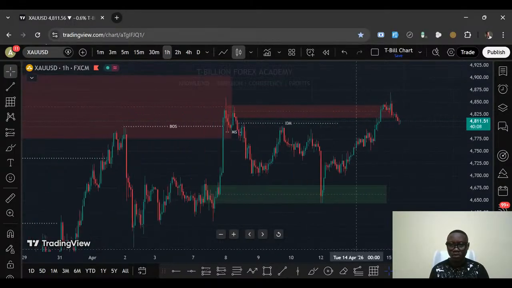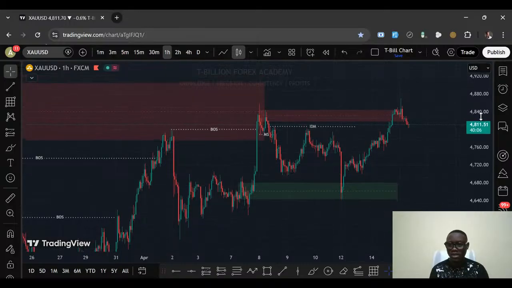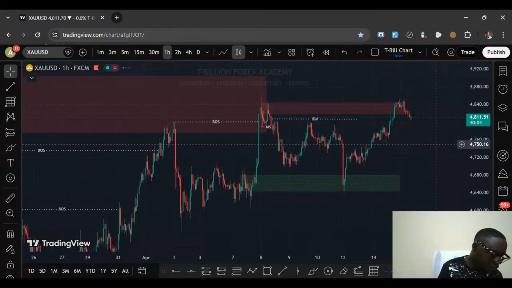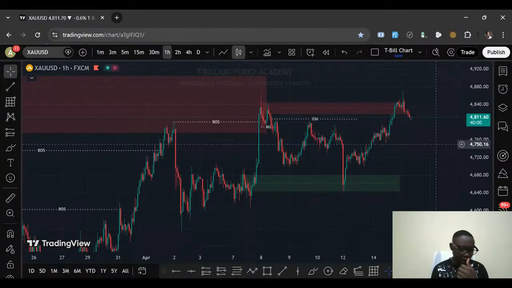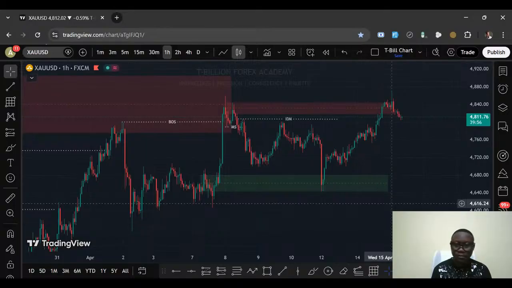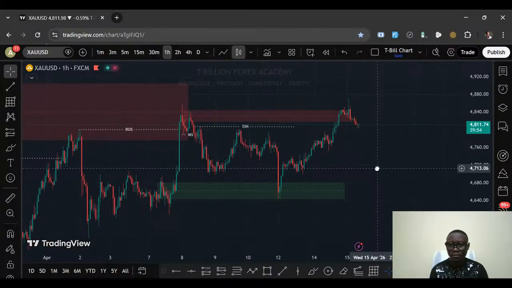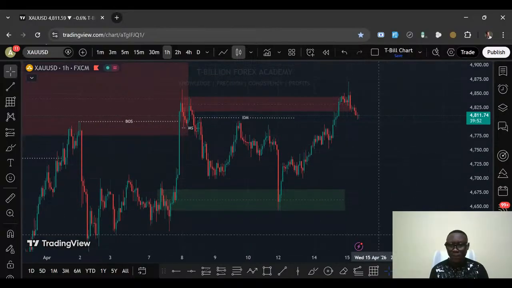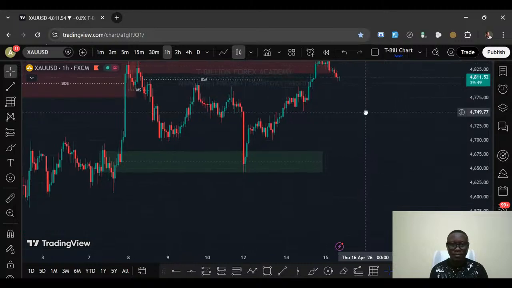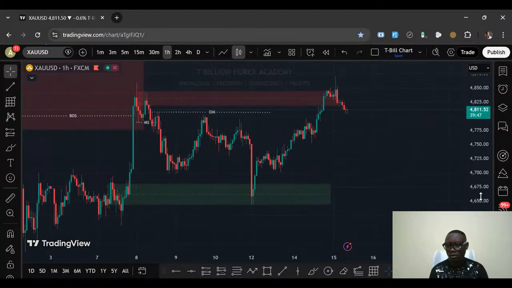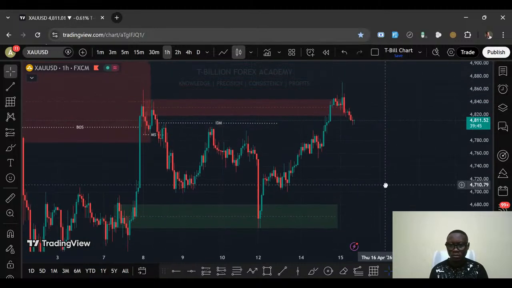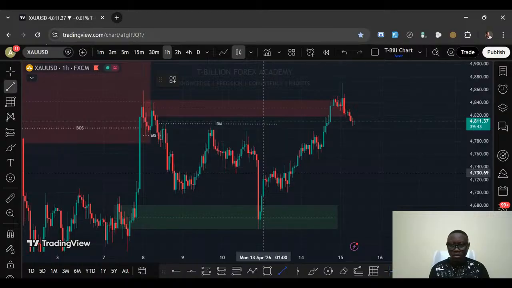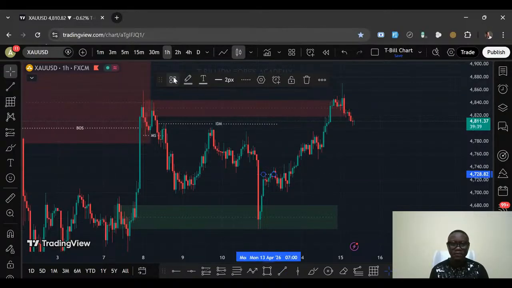Okay, so if you look at this price action properly on the 1H, let's look at this. So we got this break of structure right here.